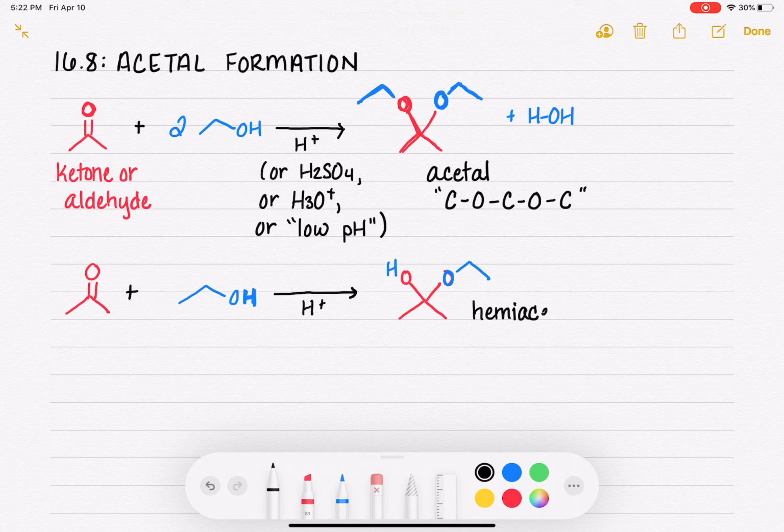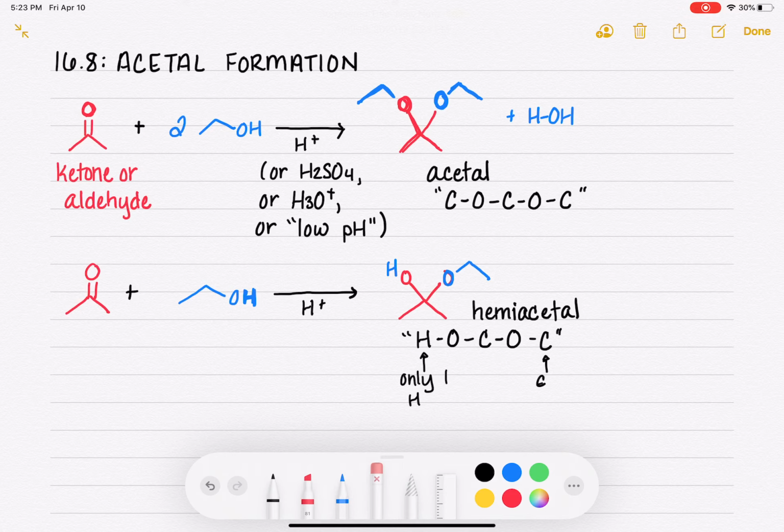Hemi meaning half, so it's a halfway acetal, and it is characterized by the HOCOC functional group. HOCOC. I do want to point out to you that in order for a molecule to be an acetal or a hemiacetal, only one hydrogen can be attached to an oxygen.